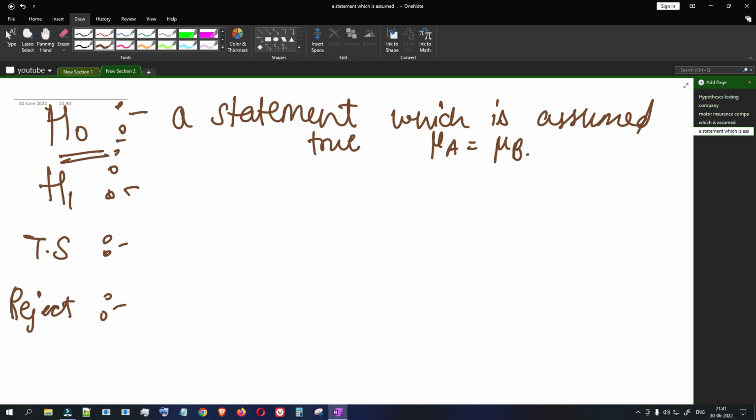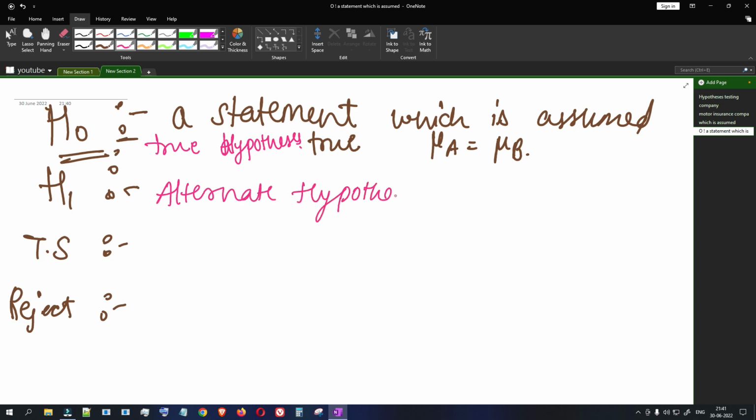What we call H0 is the null hypothesis. Hypothesis is a term which we use here. Now H1 is the alternative hypothesis, and its meaning is completely different from the above one.